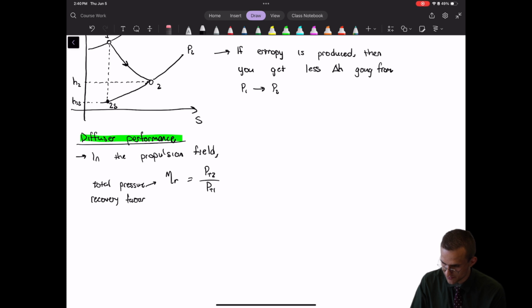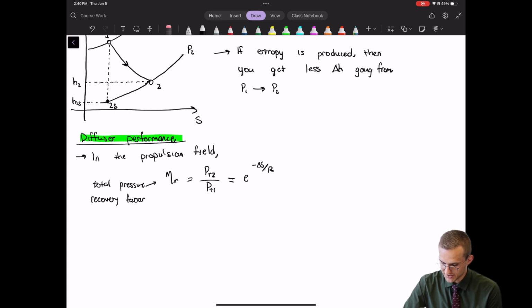And then we showed through the stagnation pressure energy equation that this is just e to the minus delta S over R, right? So it's a direct way of measuring the losses.